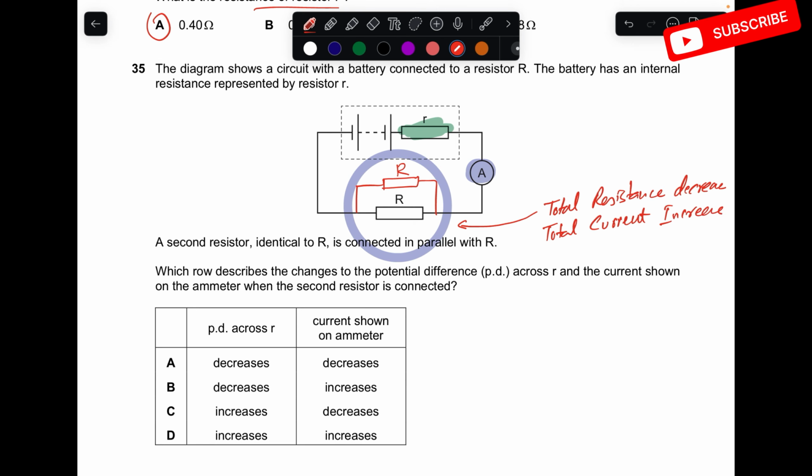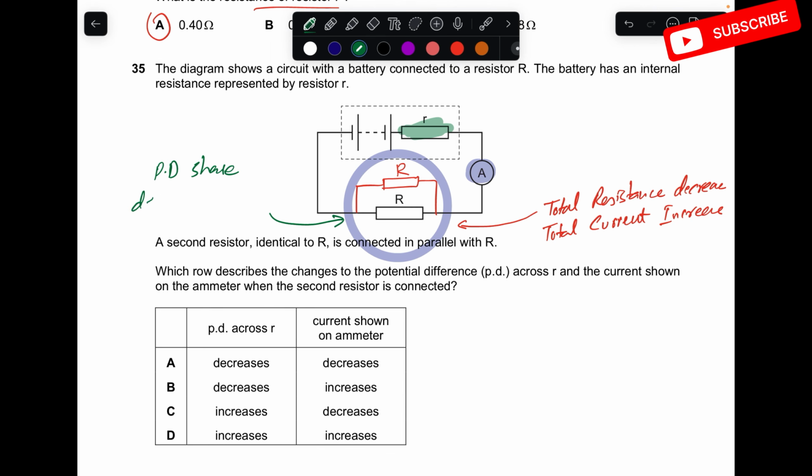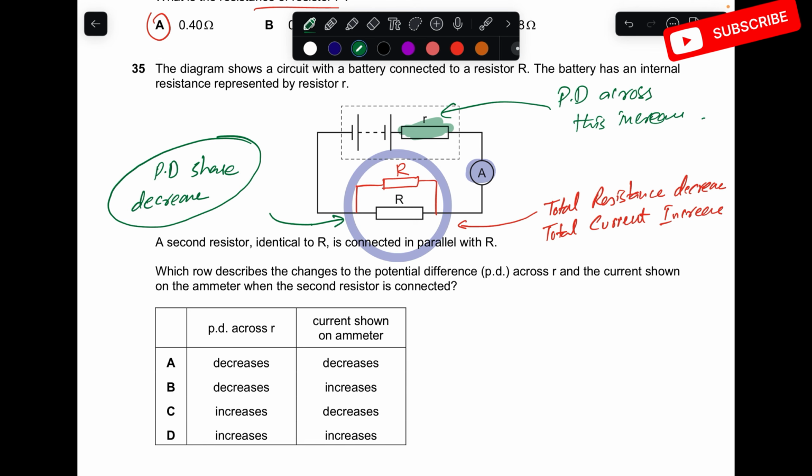And as resistance is decreasing, their potential difference share decreases here. And if this decreases, potential difference across this increases, because the total should be constant. So both will increase. Current will increase and potential difference across R will also increase.